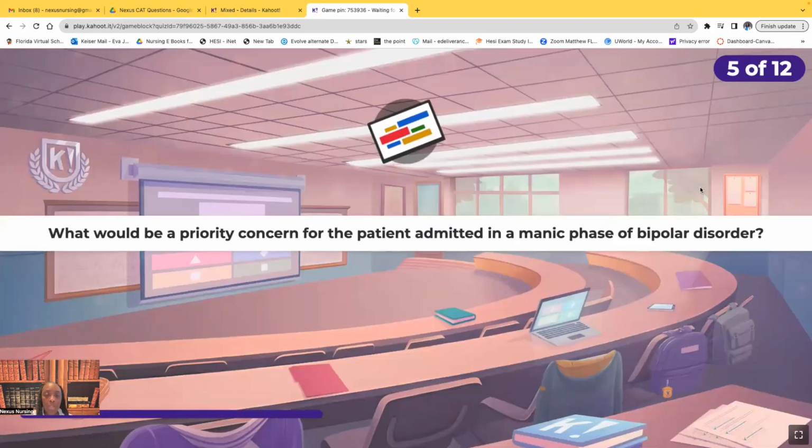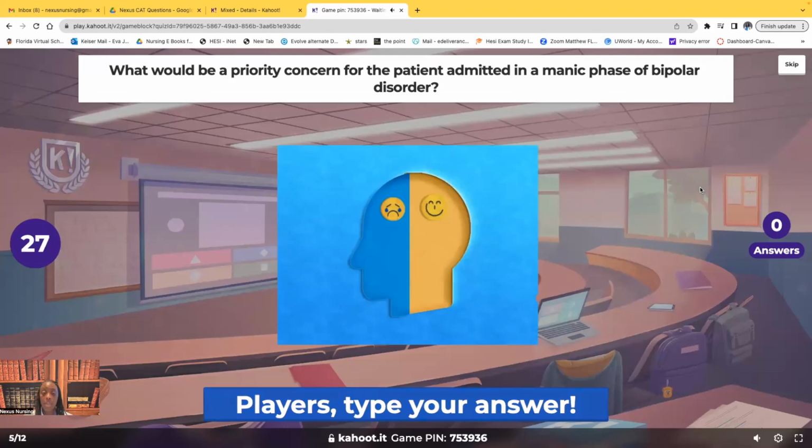What would be a priority concern for the patient admitted in the manic phase of bipolar disorder? Did you do your homework? Yeah. Okay. Type in your answer. What would be a priority nursing intervention? Your patient just came in and they are in the manic phase of bipolar disorder. What's going to be your priority?